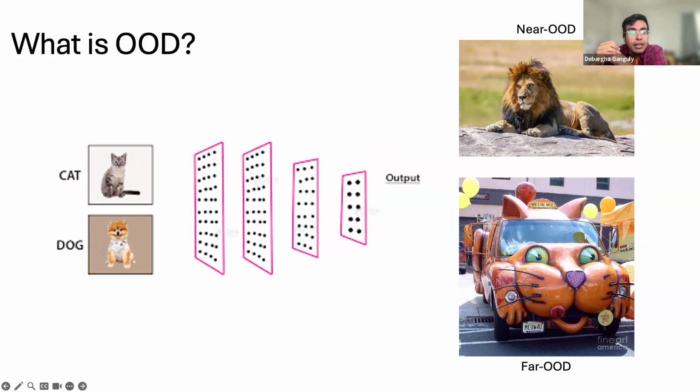But what you might end up also getting is a photo of a lion, which would be near out of distribution data. So the difference between near OOD and far OOD mainly relies on the semantic content of these images and how dissimilar they are from the images that you trained on. So a car that is shaped like a cat might be a far out of distribution data point.